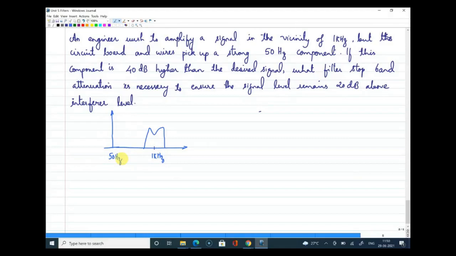What we need is, first of all, what type of filter we should use, such that the stop band attenuation keeps the signal level 20 dB above the interferer.